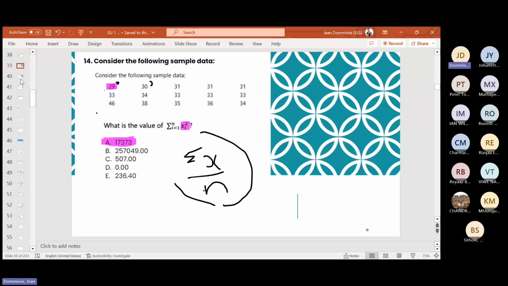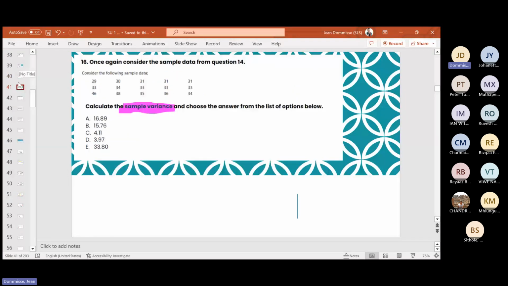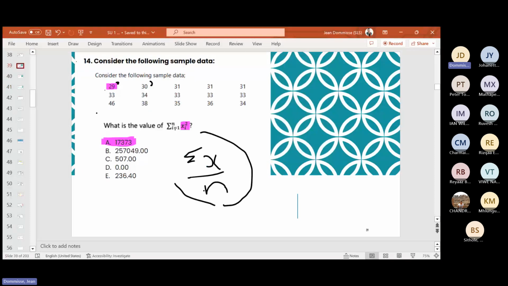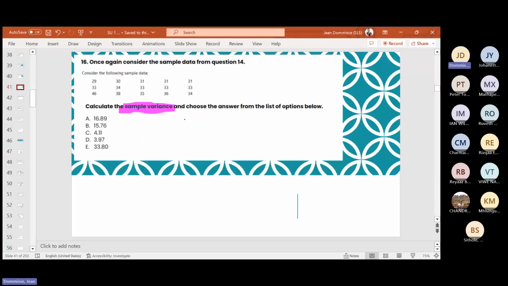But yeah, you could see they're working in a format that they nearly want to confuse you, because they're always using the same data, and then want to see if you understand what you're doing. But actually, all of that is in preparation of how you're going to work out a sample variance.